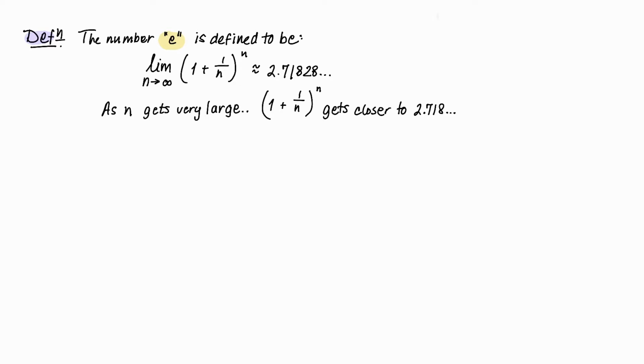So e is sort of a number like pi, so it's a transcendental number. So this means its digits go on forever without any sort of discernible pattern. And this number is super useful, just like pi is.